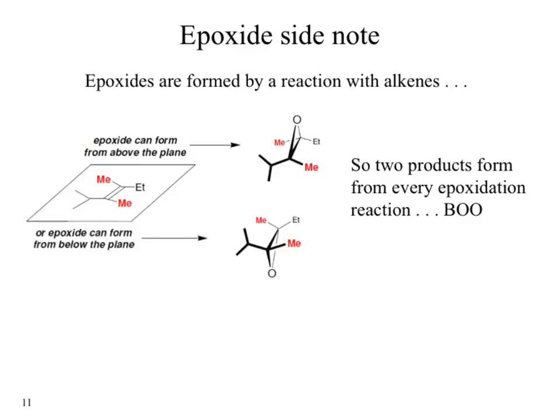Which means when we do the reaction, there are two products for an epoxidation reaction, regardless of which method we use, either MCPBA or the Williamson ether. This is a bit obnoxious because we get two products. Is there any way to avoid this? Kind of not really. As far as you're concerned, no, not really.